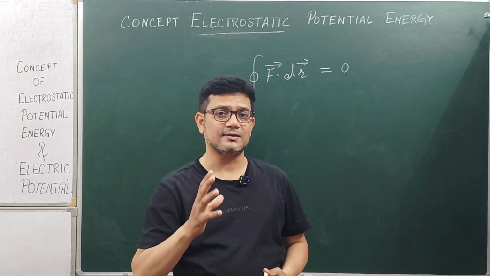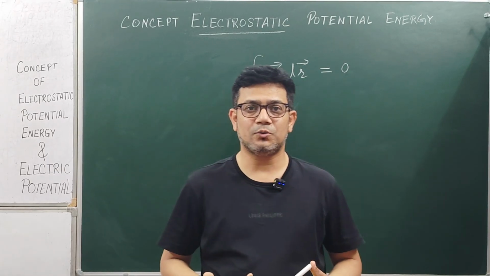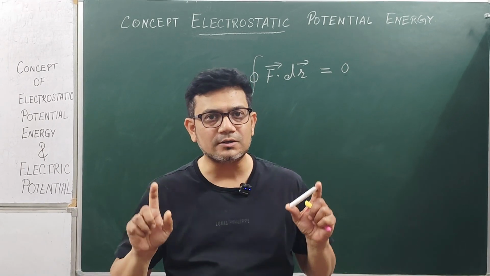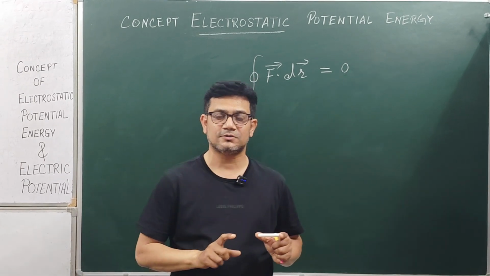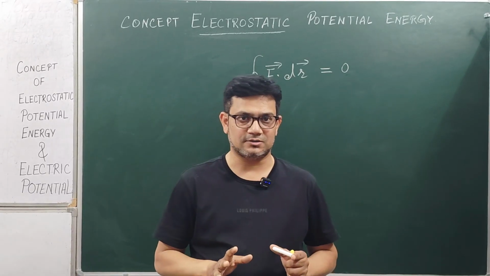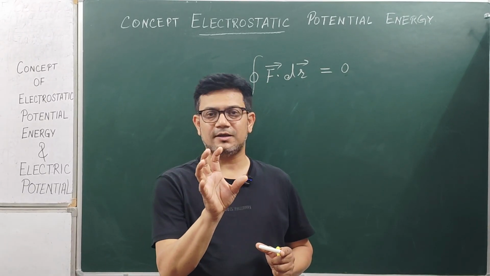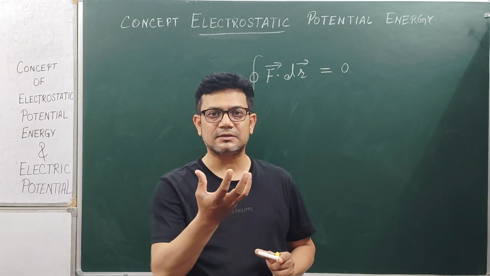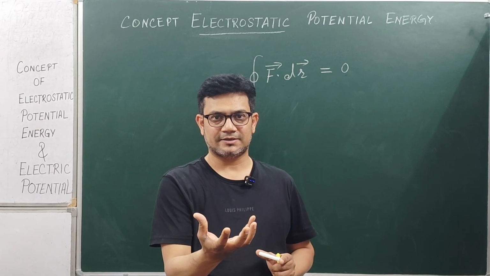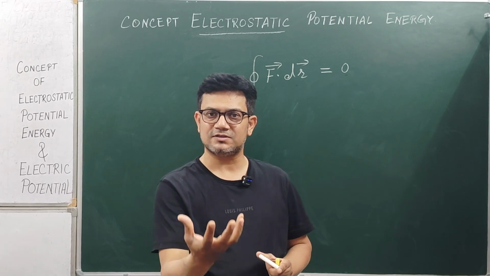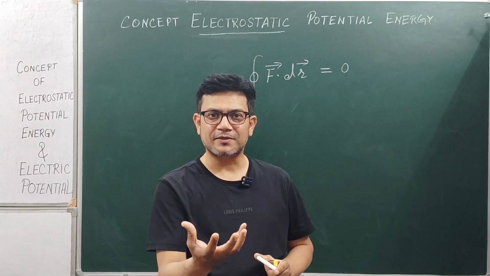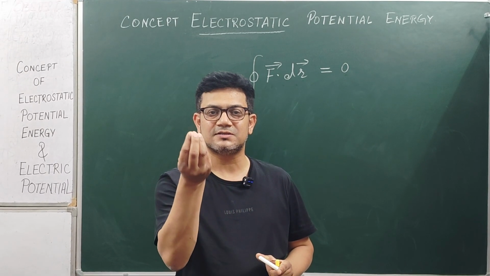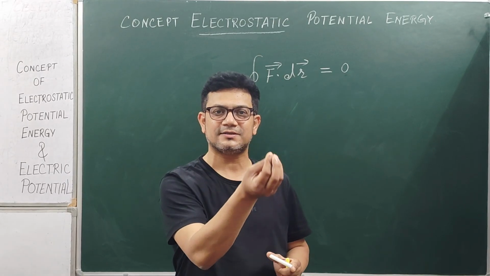Now, how do we understand this intuitively? In the context of electric charge, a stationary charge creates an area of influence. It's a condition of space created because of the stationary charge, and that field exerts a force if you bring any test charge.